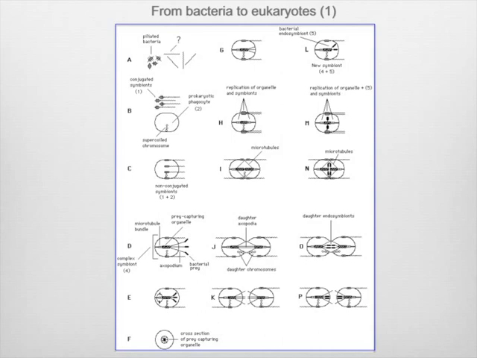The prey-capturing organelle divides, sort of like centrosomes in animals, and then you wind up with K, which is the daughter cells. Now in L, at the top right-hand corner, something very unique happens here.